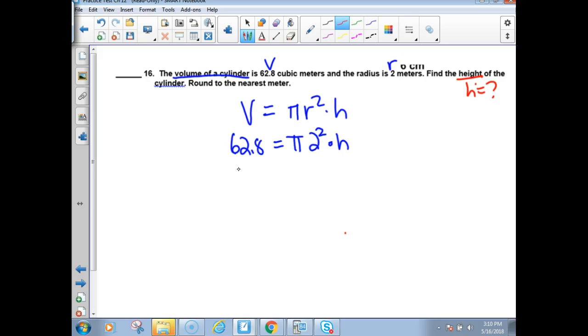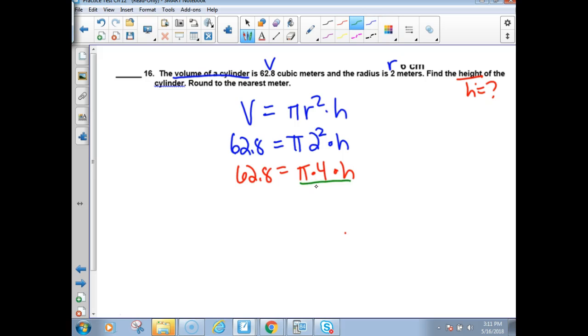All right, now you can evaluate 2 squared. That would be 4. I want to unravel this and get H alone by algebra. What should I do? Caitlin, all right? What would I do? Divide by pi? Okay, let's do it.